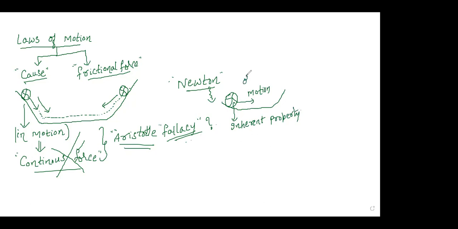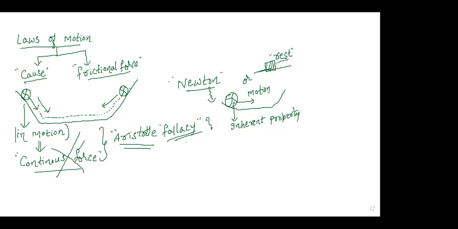Or if I consider a table, and on the table I place an object, this object will not change its position. So I can say the object is at rest. So if I place the body on the table, this body is continuously at rest.